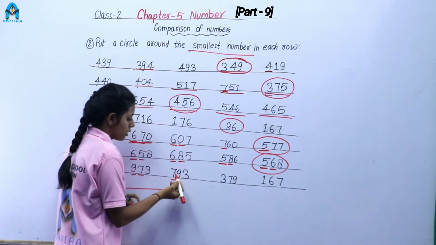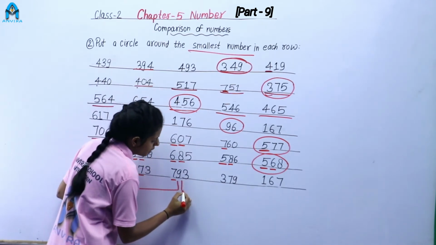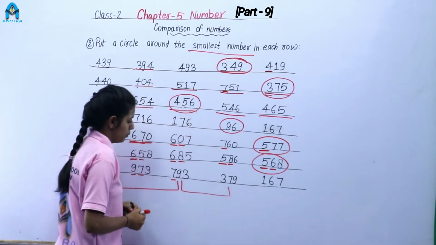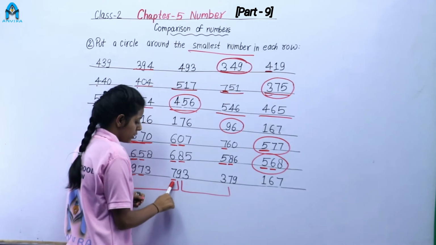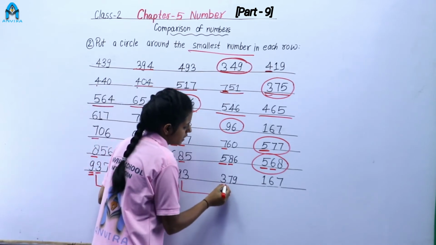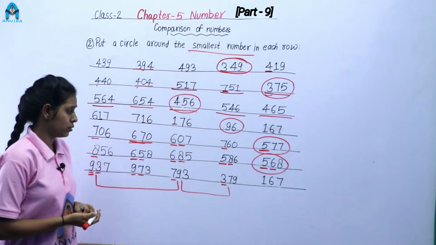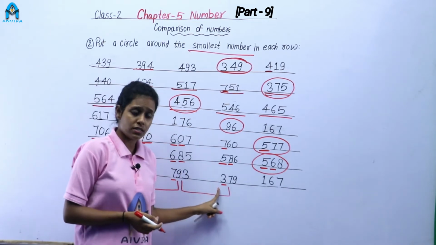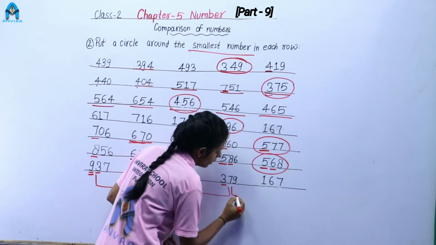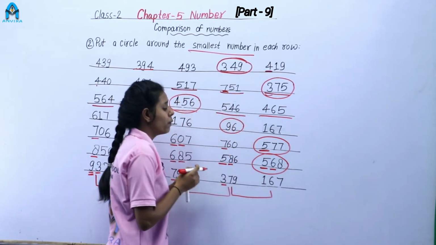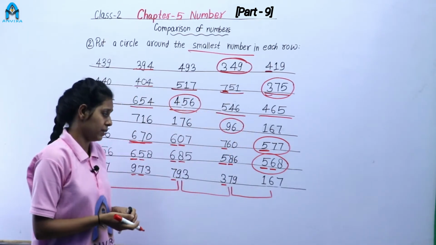So, now compare with this number. We compare this and this number. Let's start with hundreds place. So, here is 7 and here is number 3. So, 3 is smallest. So, now we compare with this number. Next number is 167.